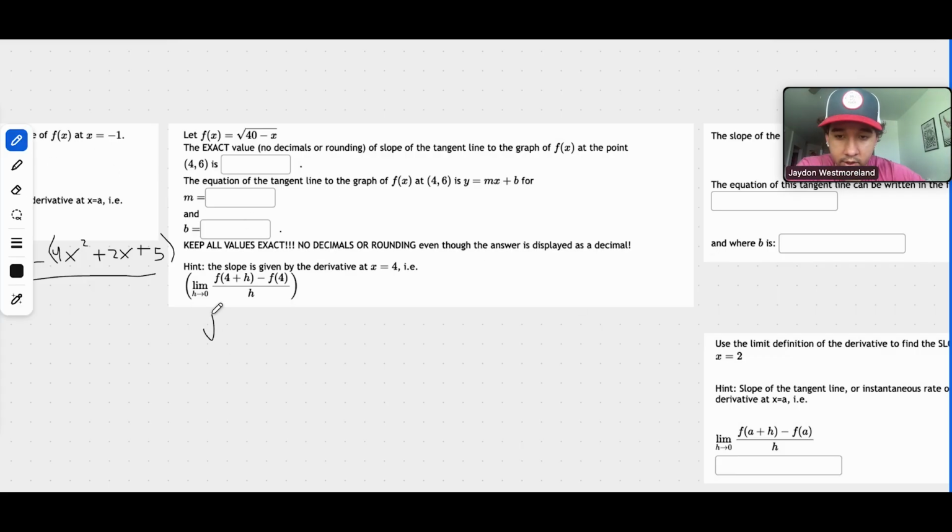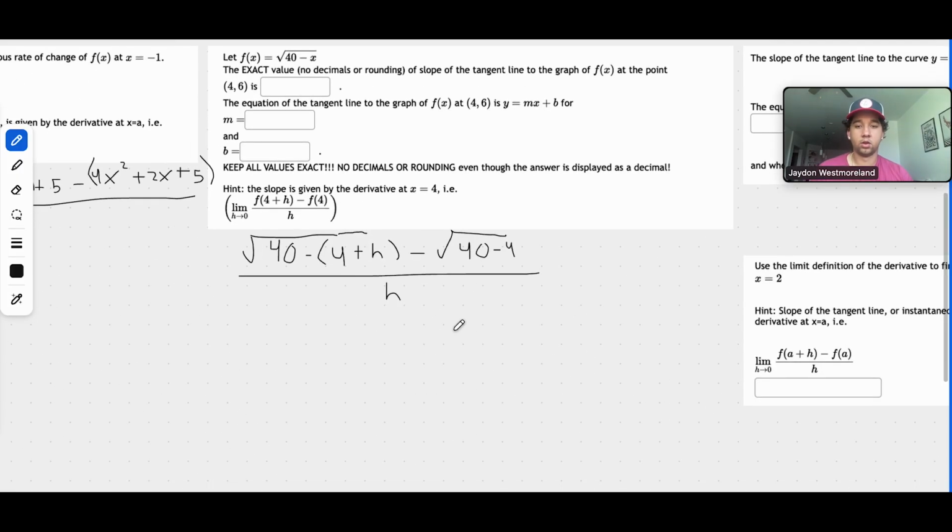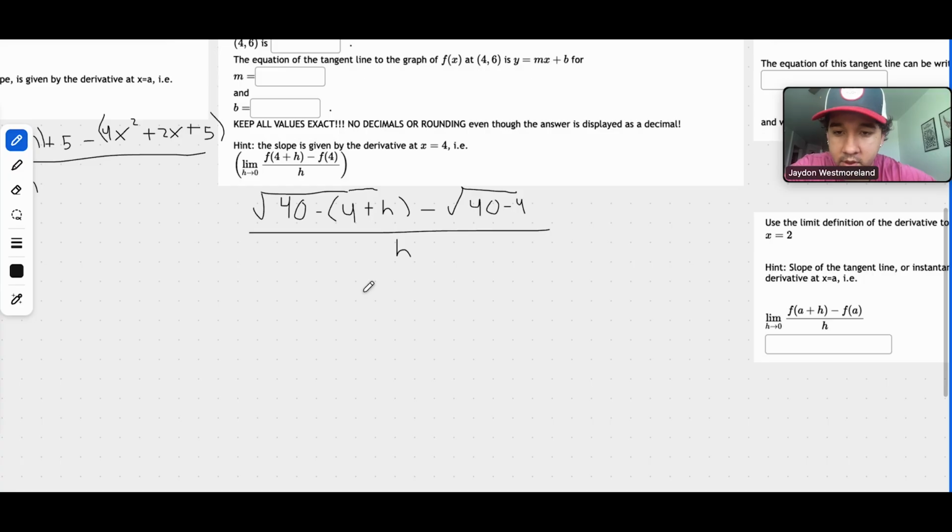I'm going to take the square root of 40 minus, in this case here, it's going to be 4 plus h, minus the square root of 40 minus 4, all over h. Okay, so now I'm going to combine like terms.